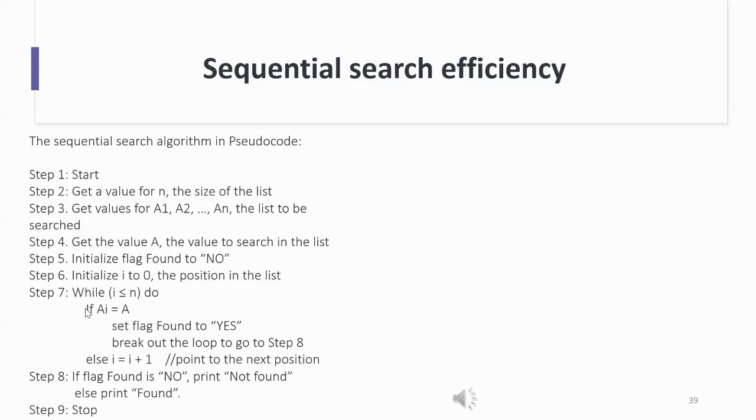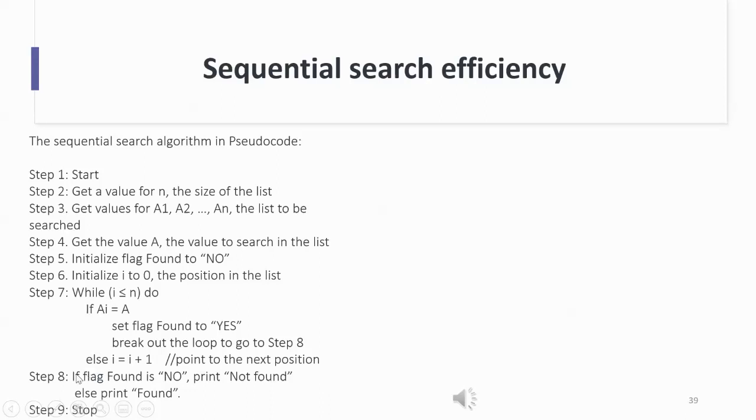Otherwise, we increment the position I, and then come back to compare if I reaches the value n. If not, we continue to compare with the targeted value A until we either find the value in the list or do not find it but have compared all the values in the list.